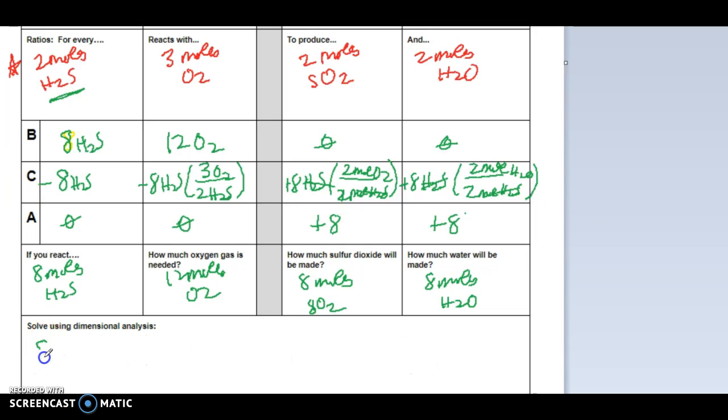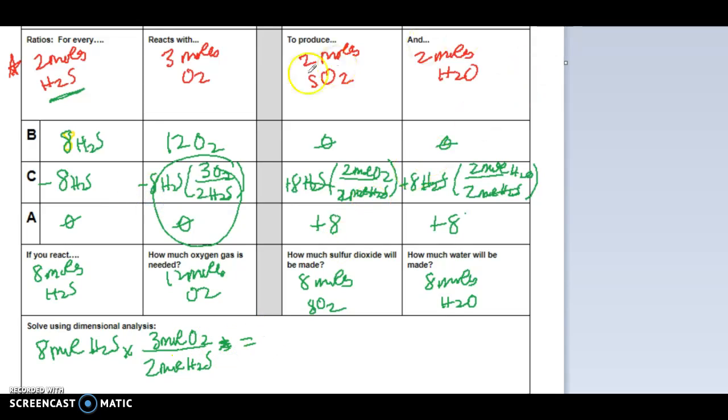I'm just going to start with what's given, which was 8 moles of H2S. Okay, and the problem is really asking me for how many moles of oxygen gas is needed. Okay, so I'm actually looking at this column here. Okay, all right, so I know for every 2 moles H2S, I need 3 moles of O2, equals.